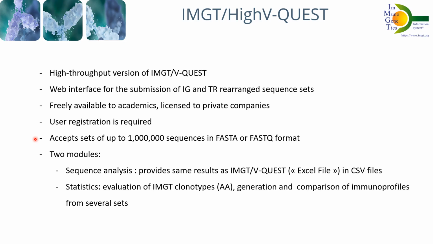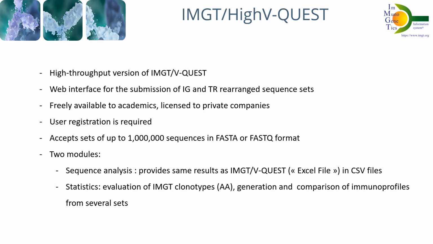IMGT HighV-QUEST can process sets of up to 1 million sequences formatted in FASTA or FASTQ. It comprises two modules. The sequence analysis module provides the results in CSV files. These results correspond exactly to those of IMGT V-QUEST when the Excel file output is selected.